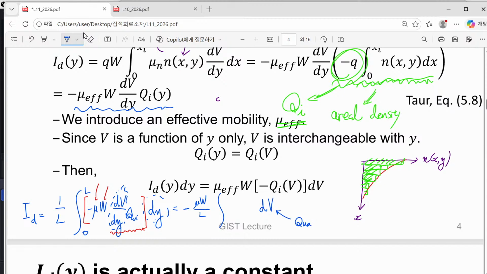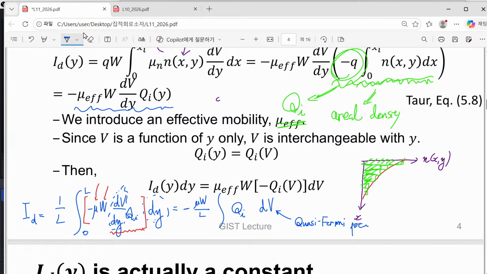integration for the quasi-Fermi potential that can be combined into one, and here we have a q_I. Of course, since the integration variable is now changed from y to V, we also have to change the integration range.